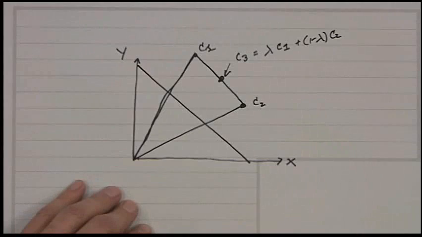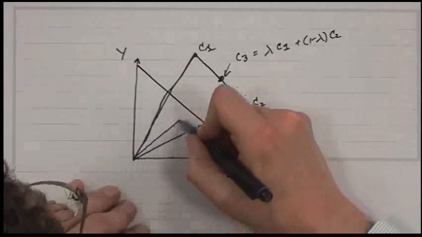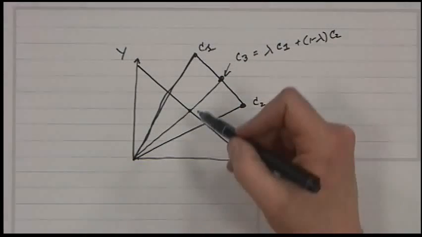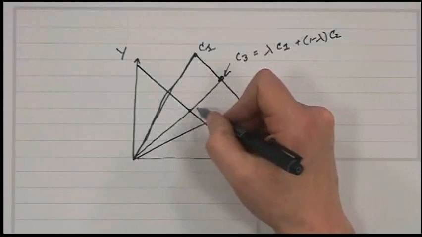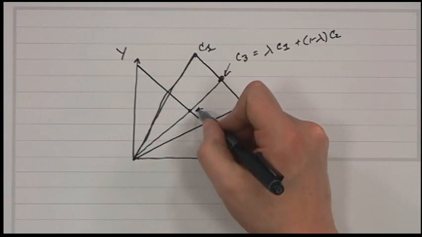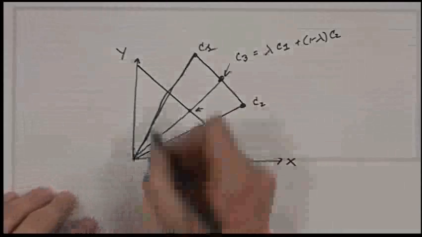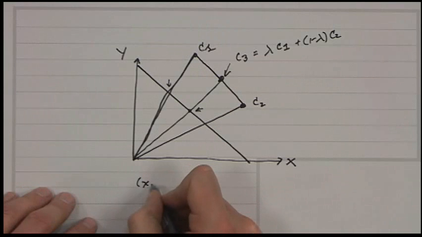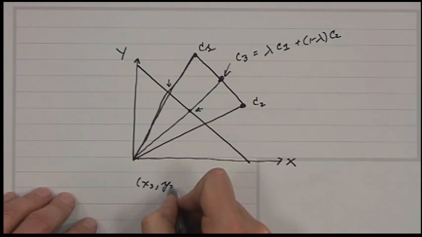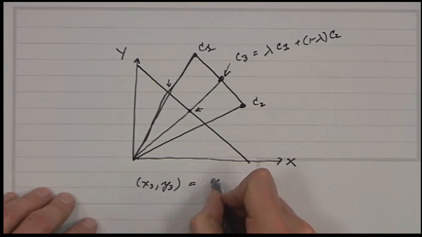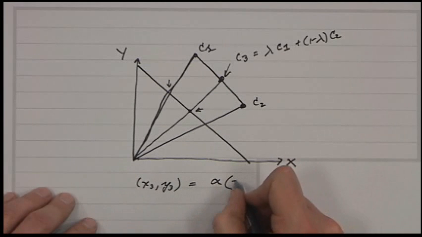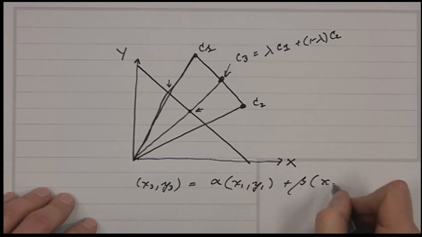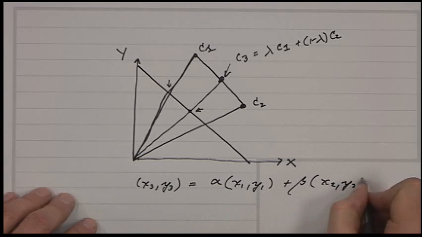That's a combination. And if I look at its chromaticity, what will happen is that little x3, little y3 will equal alpha times little x1, little y1, plus beta times little x2, little y2.